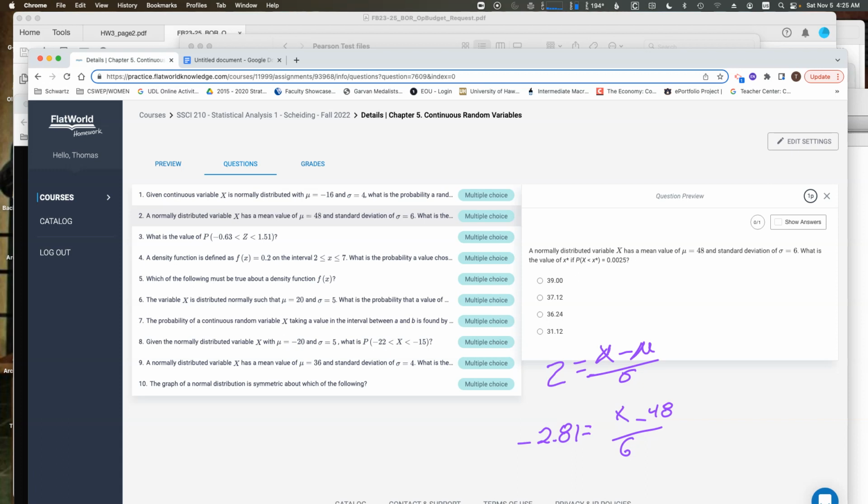So 6 times negative 2.81 is negative 16.86. And that's going to equal my x minus 48. So now add 48 to both sides. And x equals 31.14. Close enough. I think we just have a rounding error here. Maybe.